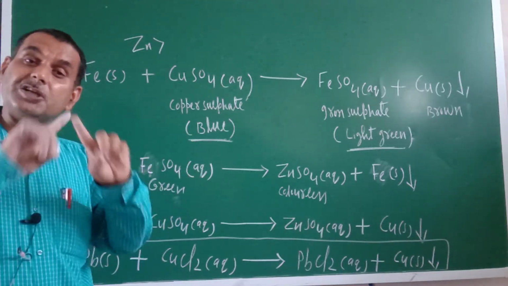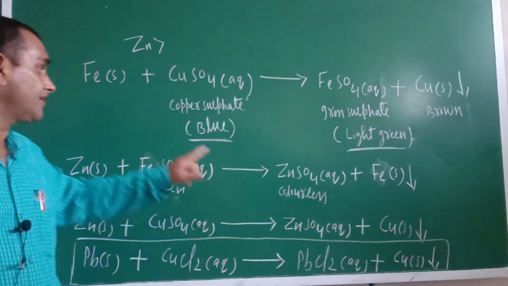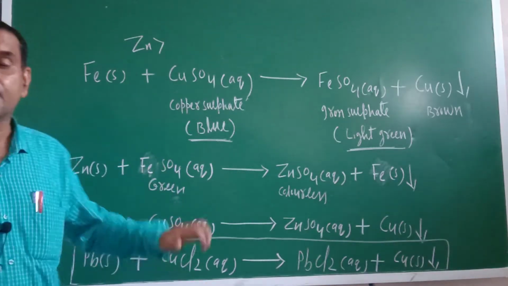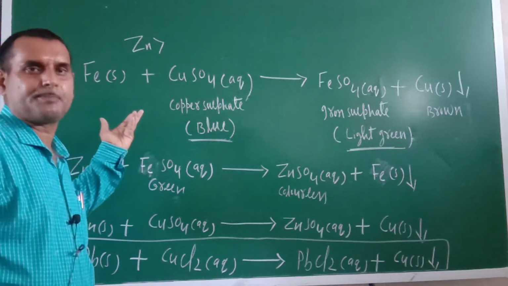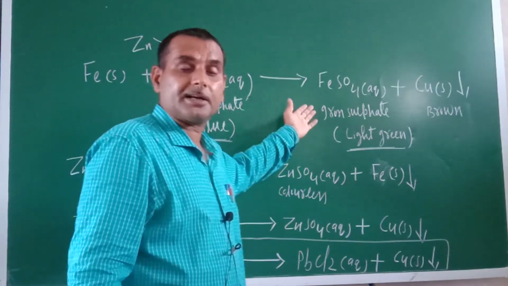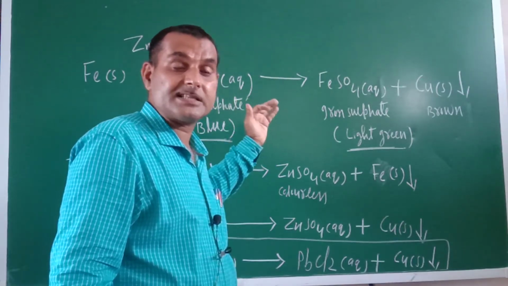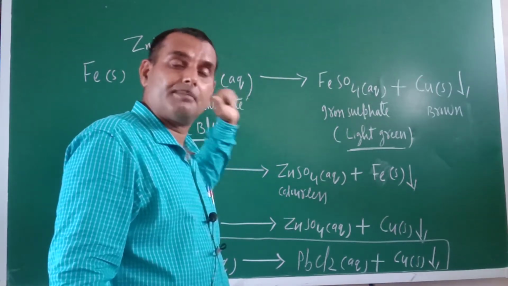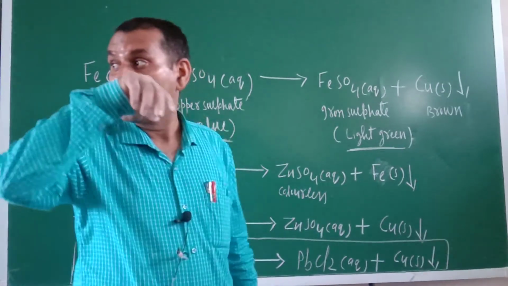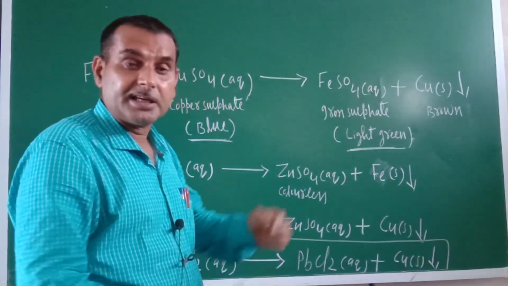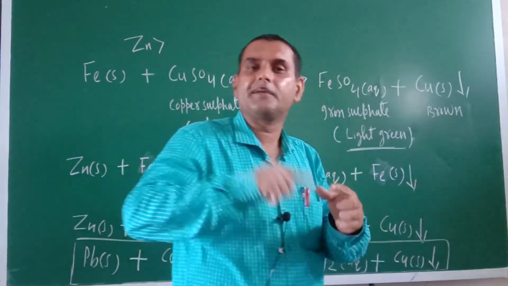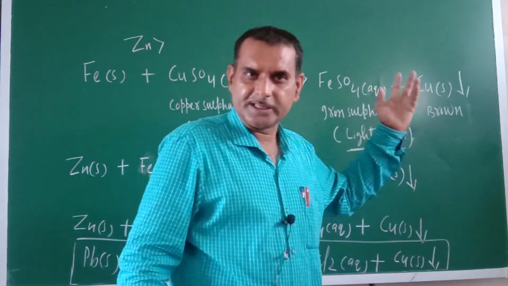Initially the color of copper sulfate is blue, but after some time the blue color will disappear and you will get a light green color solution, because the iron has displaced the copper. And on the iron nail, brown color copper will be deposited. So you can do this activity.